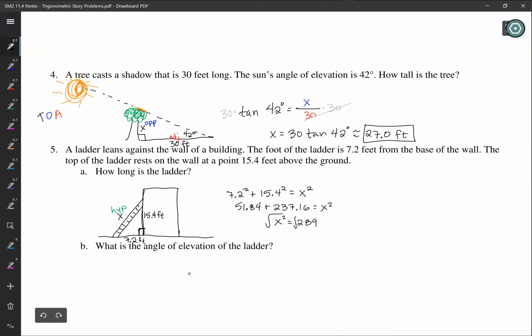Take a square root, and you get x is 17. Exactly. That's kind of cool. Okay, so the ladder is 17 feet long.